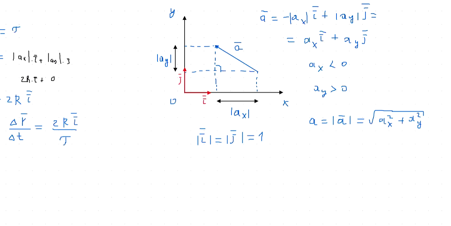And in a three-dimensional case, we will have a very similar formula, but it will contain one more coordinate. So plus az to the power of 2 in the three-dimensional case.